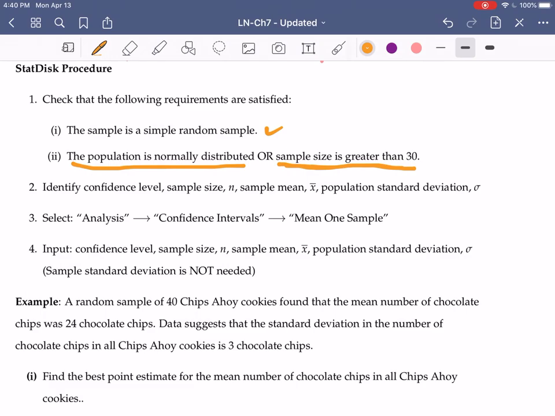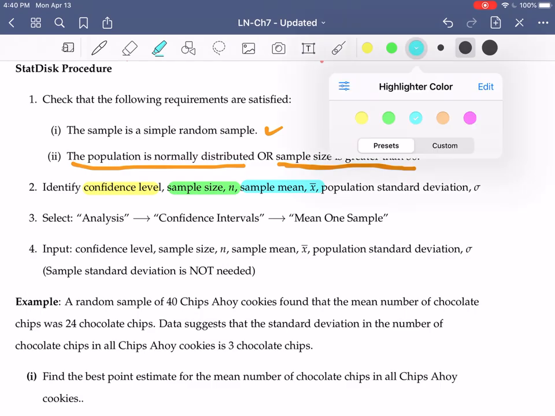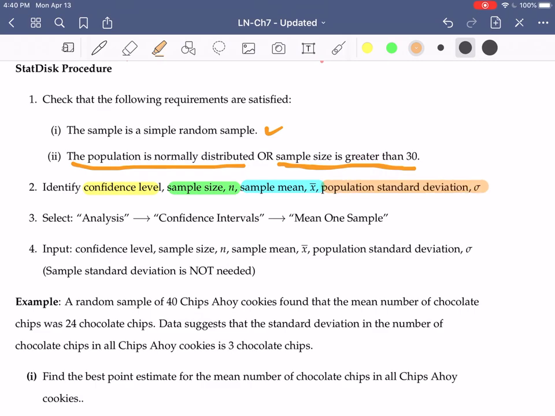Then we want to identify a number of different things. We want to identify the confidence level, the sample size n, the sample mean x bar, and the population standard deviation. So we will identify those four different things.